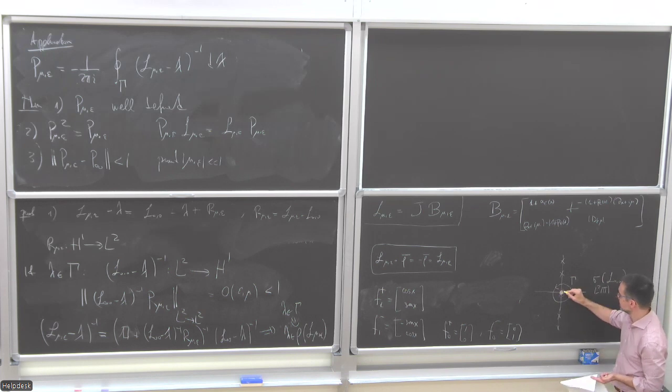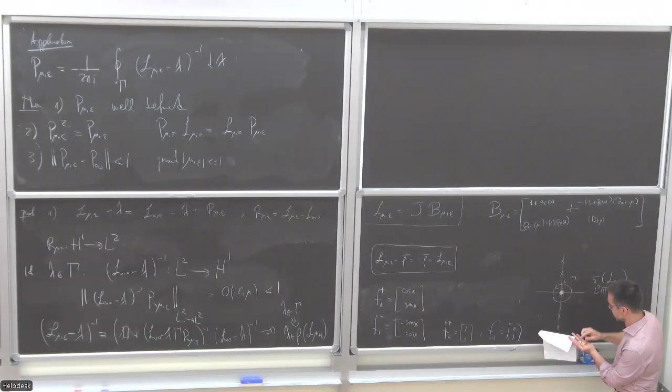The circle is at distance 1, and instead the figure 8 is at distance epsilon.